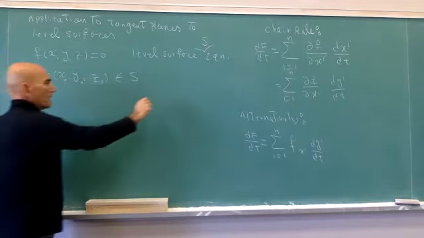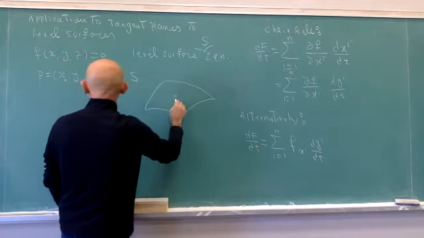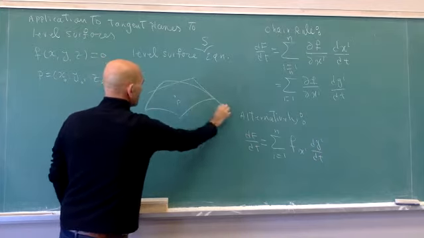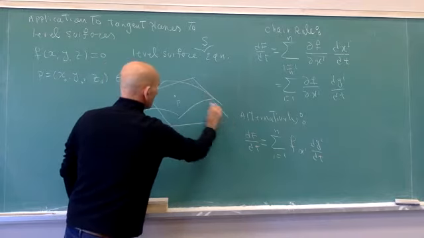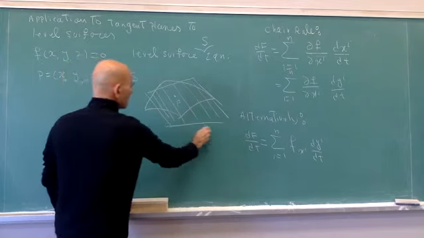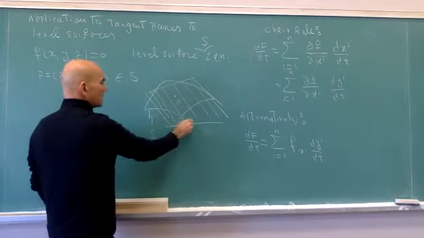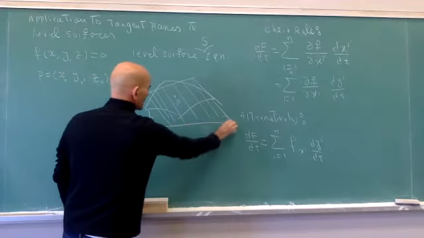Okay, so all I'm saying is that you are given a surface like what we discussed. This is the point P, and this is the equation of the surface S. This is the surface S, and this is the tangent plane to this surface, right?